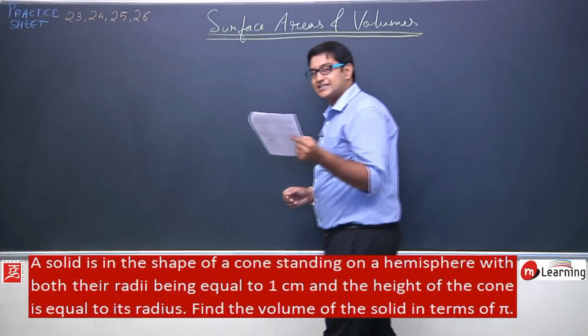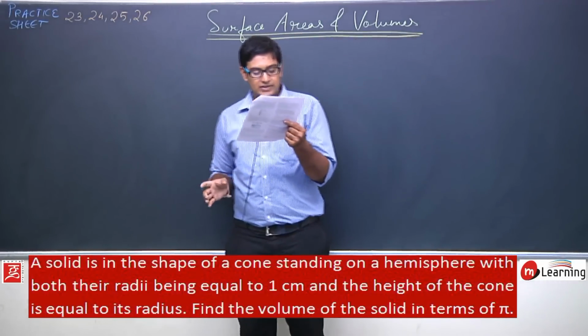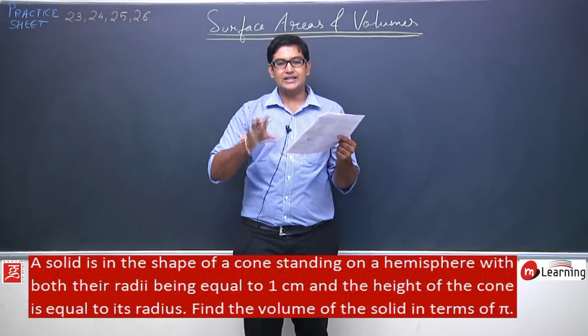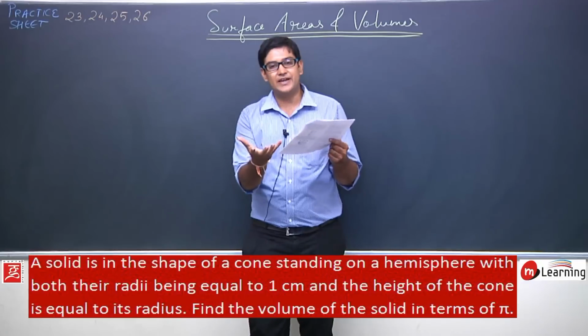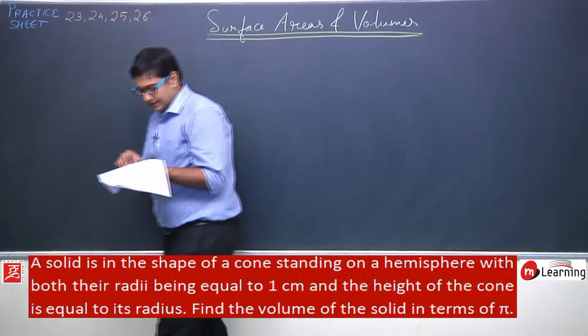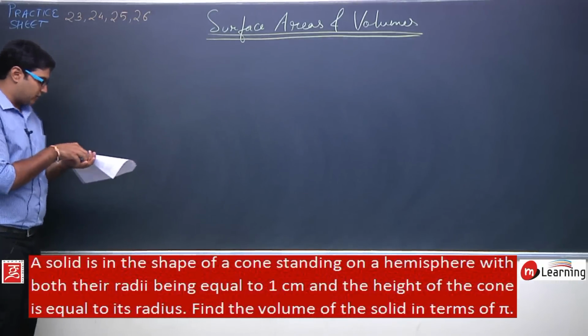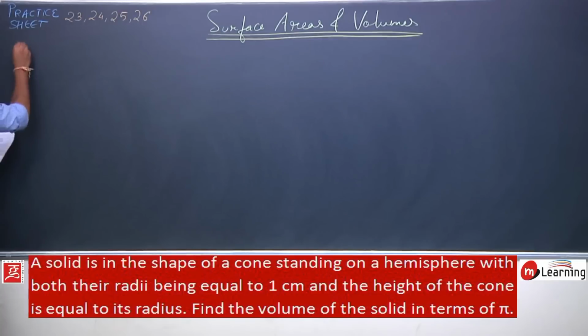So what the question says is that there is a solid which is in the shape of a cone and that cone is standing on a hemispherical base. So let us try to sketch the diagram for this question. This is question number 23.